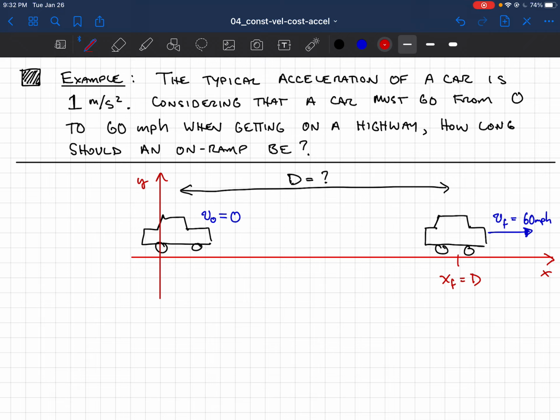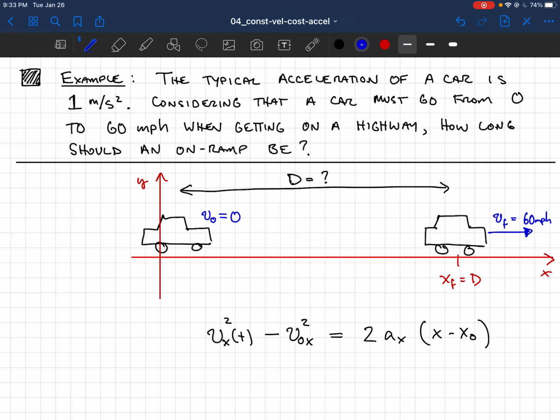We don't have anything about time again, so it might be useful to use that special equation that doesn't involve time. So let's write it down. It's Vx squared minus V0x squared is equal to 2ax times (x minus x0).